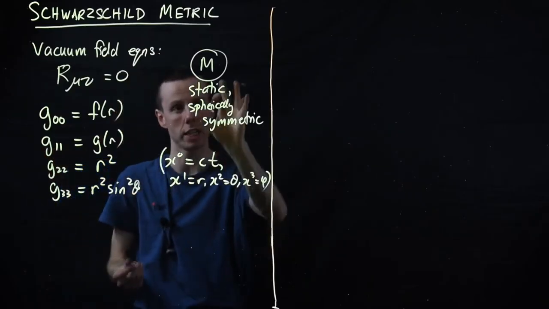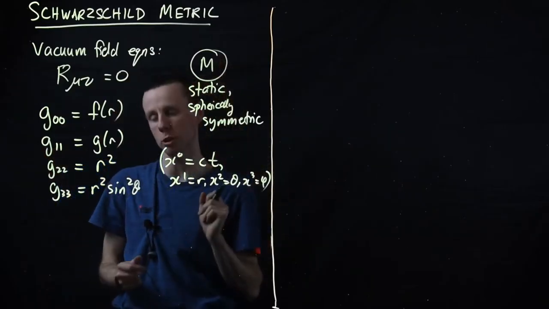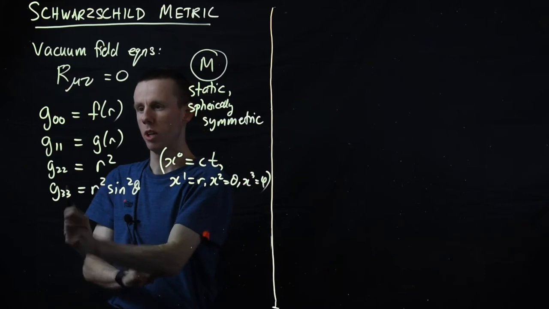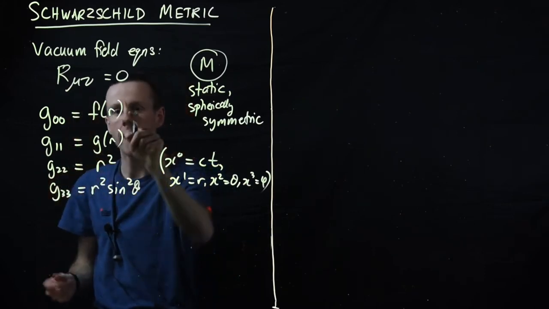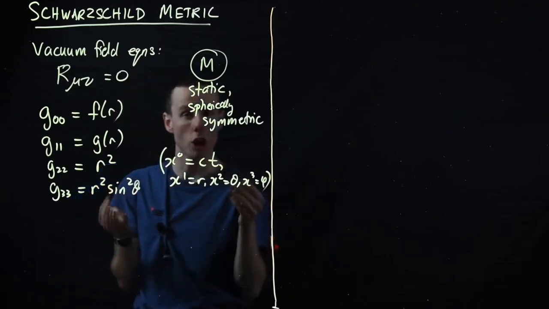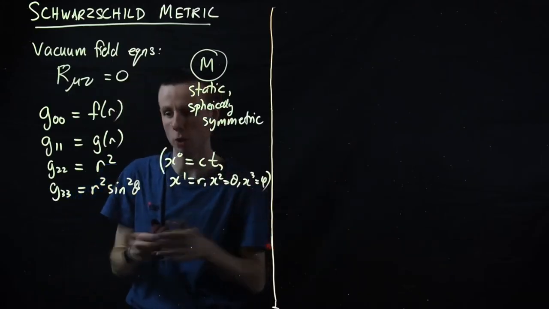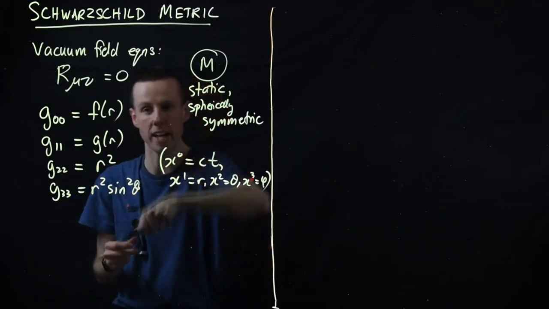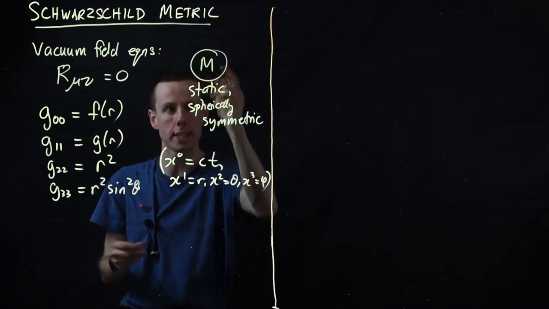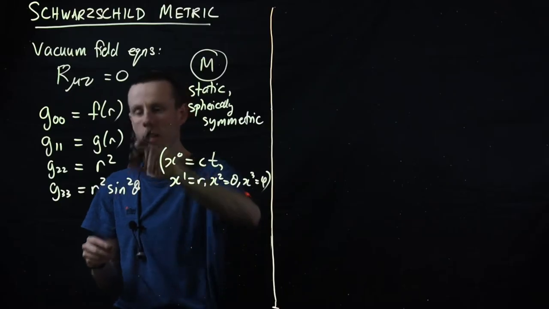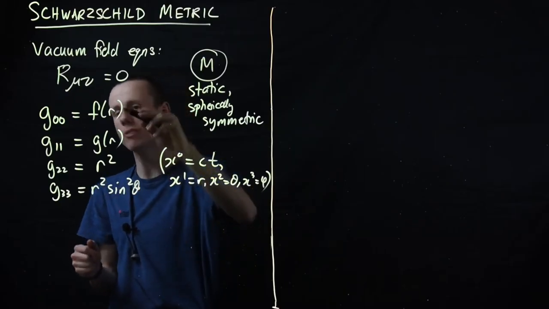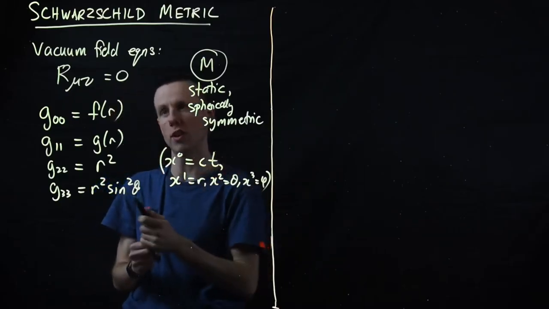So at any rate, it turns out this is the most general form of solution for a spherically symmetric mass distribution. So it's diagonal, okay, and so f(r) and g(r) here are just unknown functions of r. Okay, so you can see here there's no dependence on time anywhere, because this mass is just static, it never changes. There's no dependence on angles here and here. So these f(r) and g(r) are just unknown functions of r.